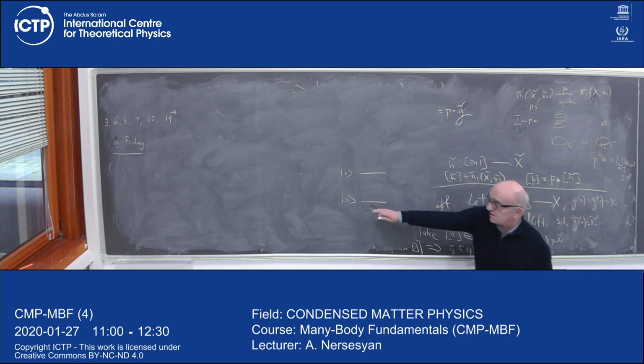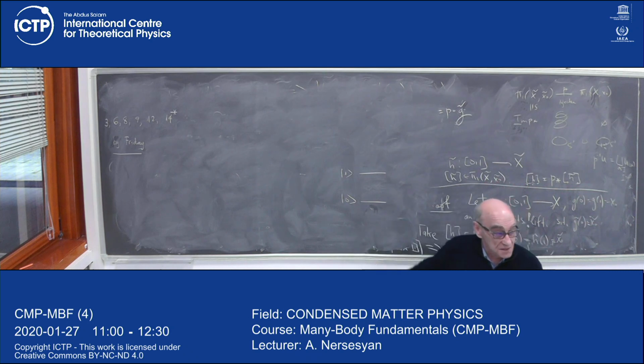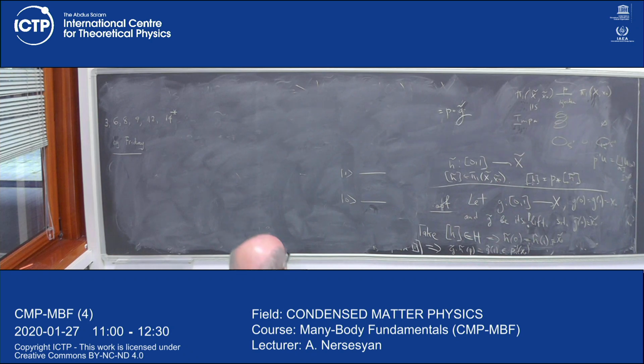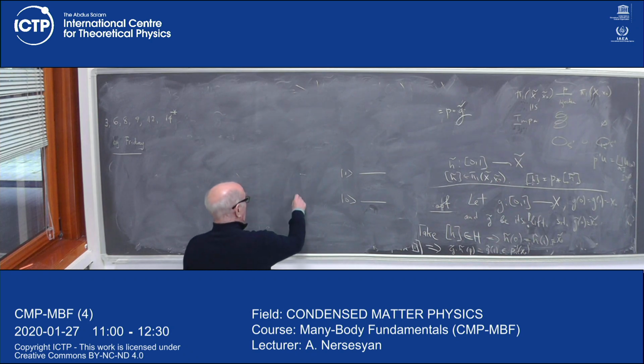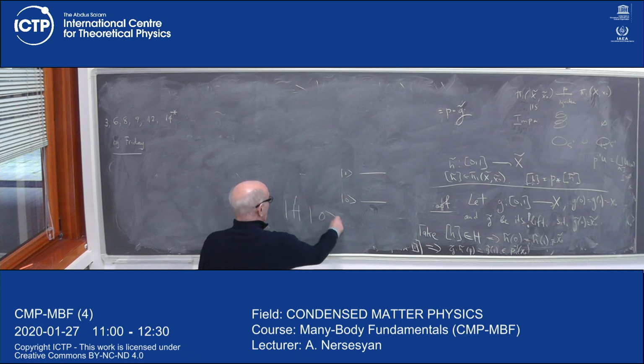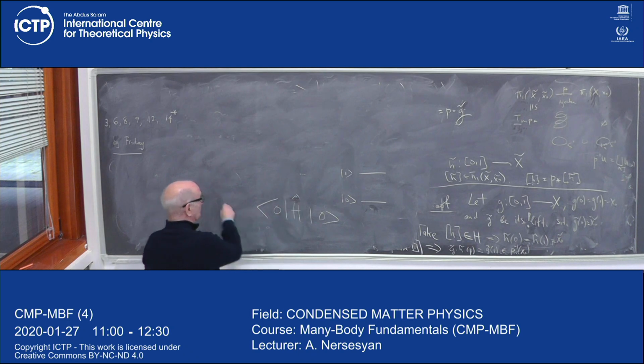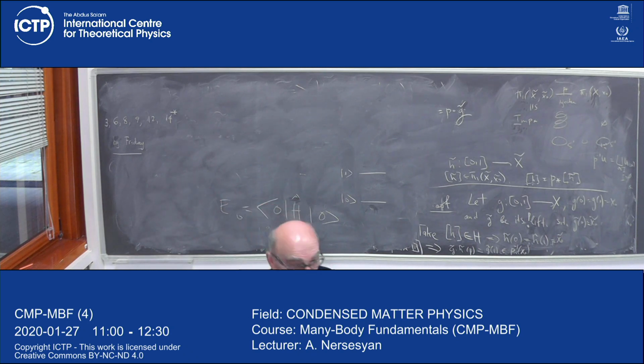This quantity, this thing which is known as the ground state, does determine the ground state energy. If you have the Hamiltonian and you build up this diagonal matrix element, this is the ground state energy. But this is not what you want.